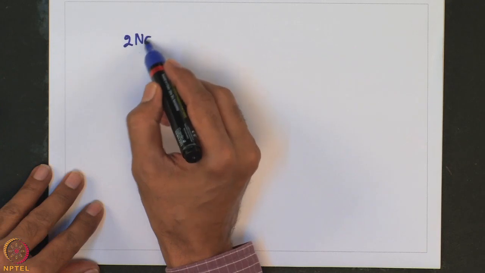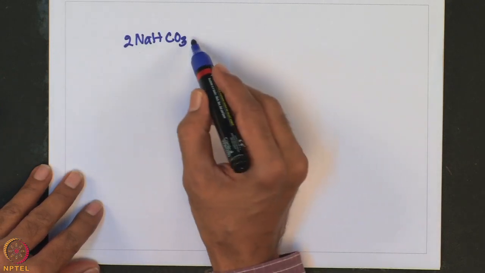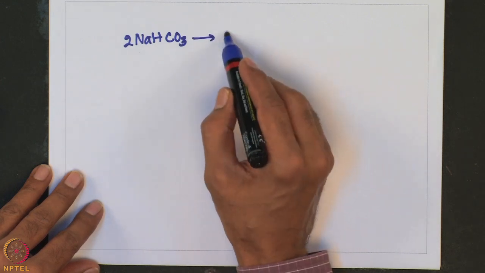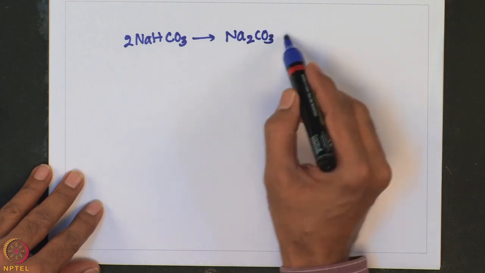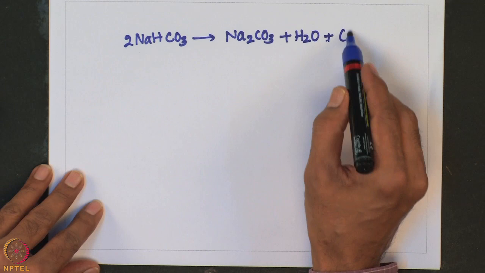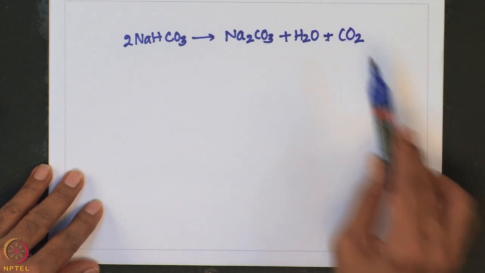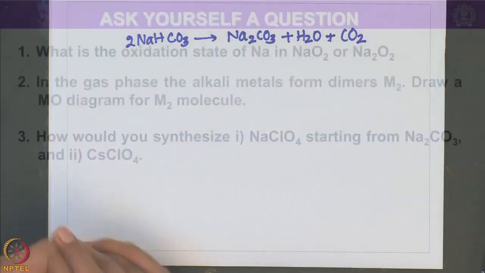So, for example, sodium bicarbonate on heating gives sodium carbonate plus H2O plus CO2. So, this CO2 is used in the fermentation process and also in bakery products.